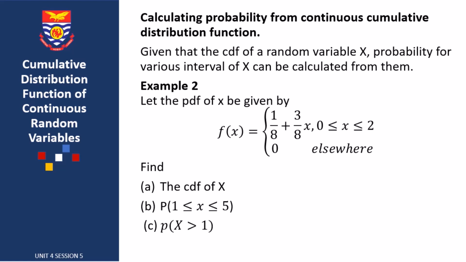Example 2 says, let the PDF of X be given by f of x equal to 1 over 8 plus 3 over 8 x on the interval 0 to 2, and 0 elsewhere. We are to find the CDF of X, the probability of X taking values from 1 to 5, and the probability of X greater than 1.